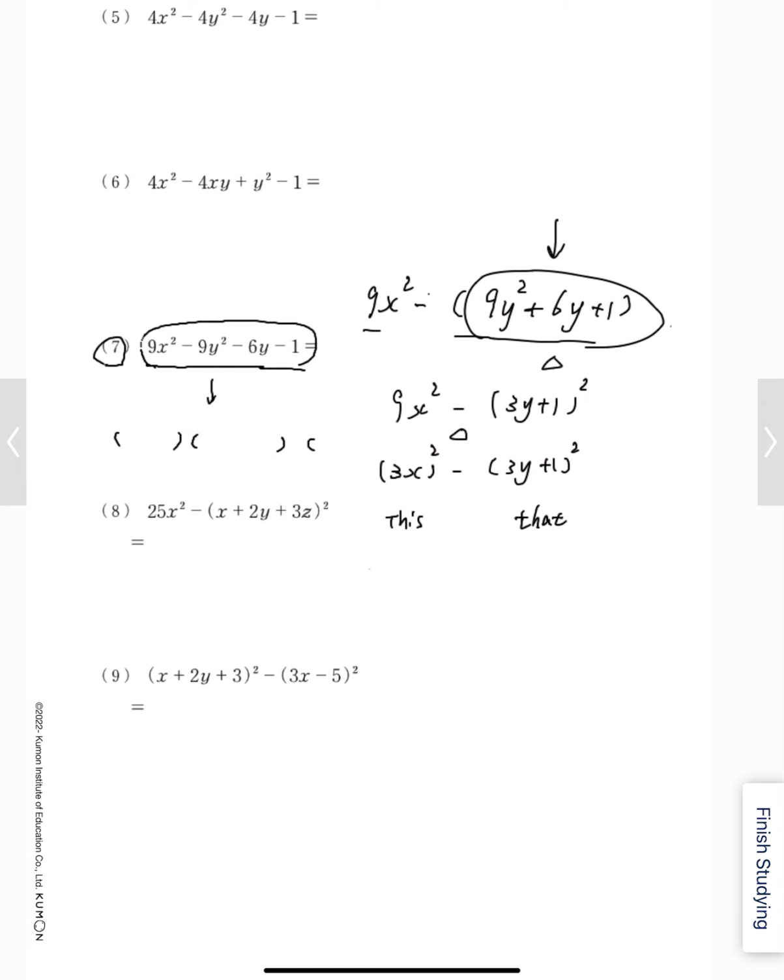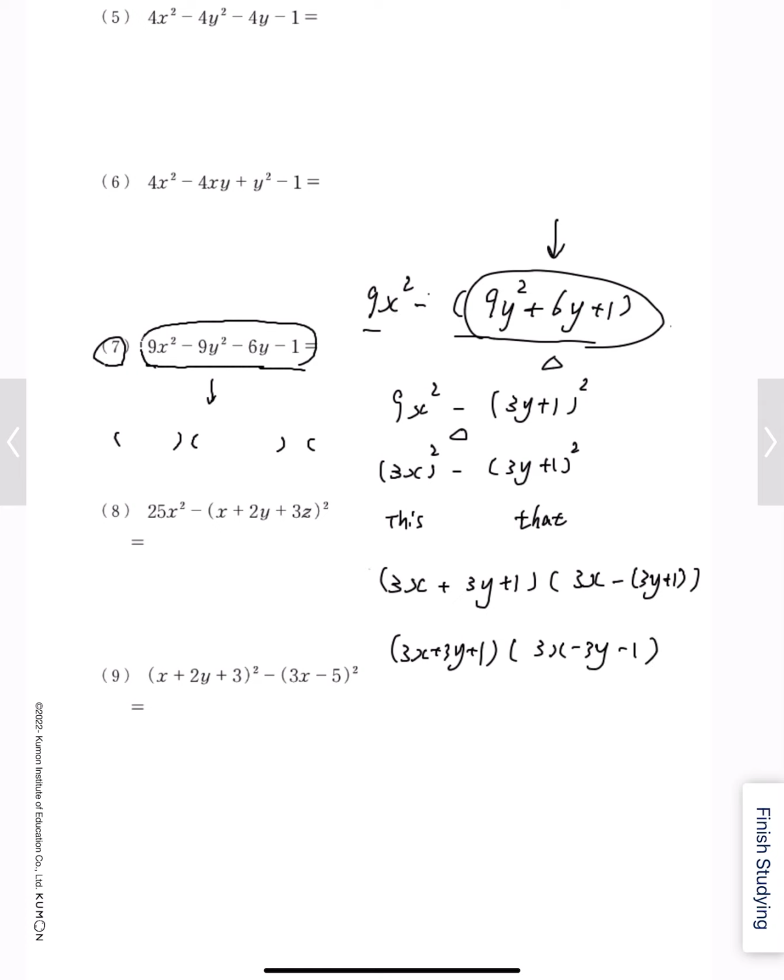All I need to do right now, this number, which is 3x, plus that number, which is 3y plus 1, and this number, 3x, minus that number. In this case, always put a bracket, right? Now, 3x plus 3y plus 1, and then 3x minus 3y minus 1.